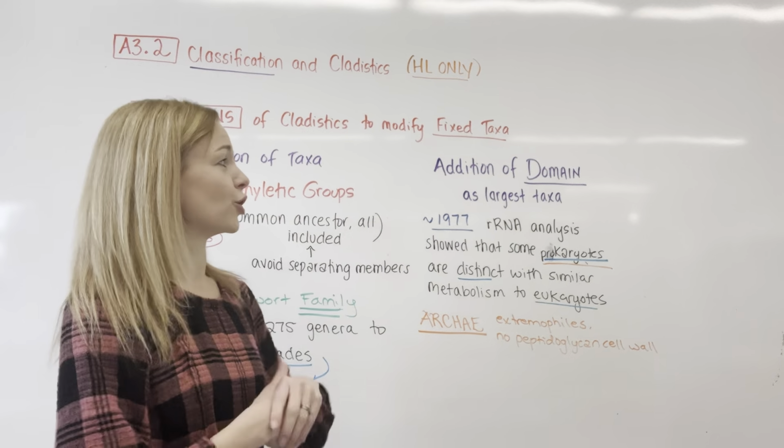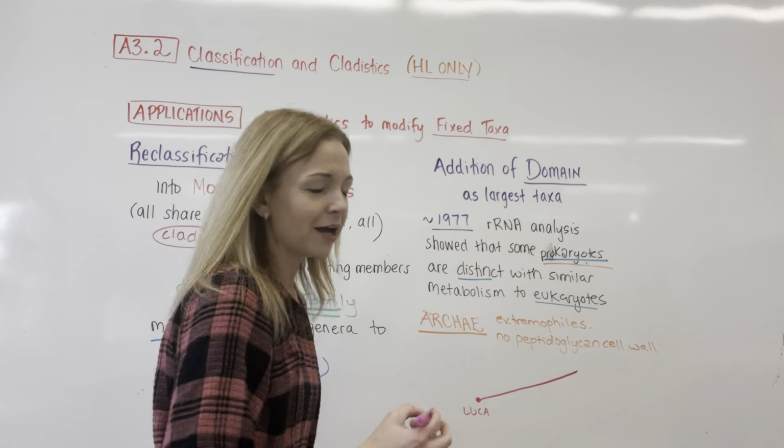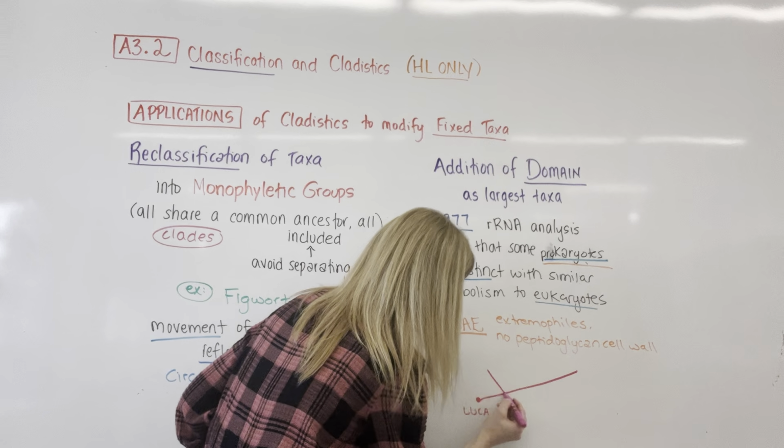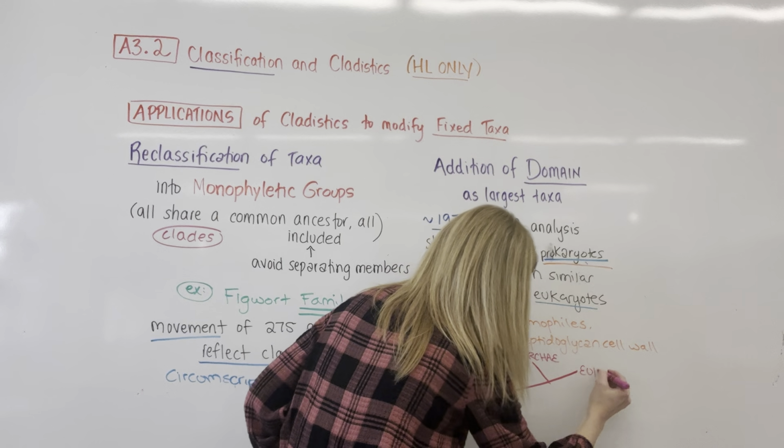So kind of the last thing we'll draw today is just this to show the 3 domains. So here's kind of the common ancestry, which would be LUCA. And then from LUCA, it actually has bacteria as a domain first. Then it actually has archaea and eukarya as more related.